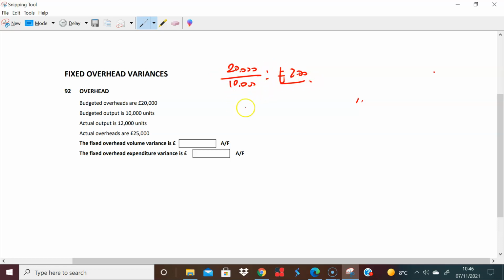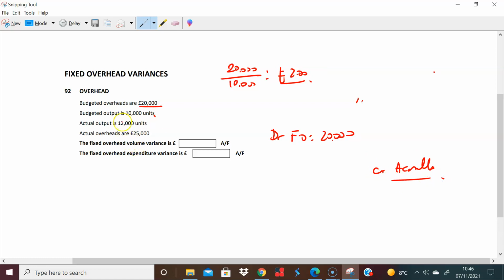So every unit that goes into the management accounting statements, they will assign £2, hoping that it would naturally arrive according to budget at 10,000 units, and they would nicely have in the accounts 20,000. So they're hoping to arrive at debit fixed overheads 20,000, and credit the accrual.